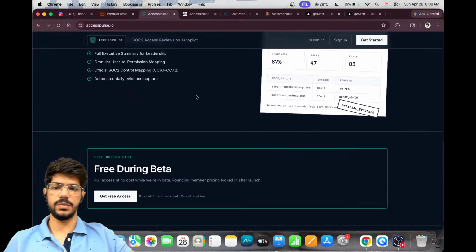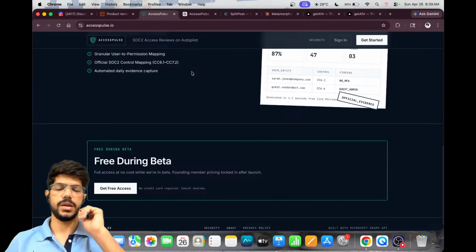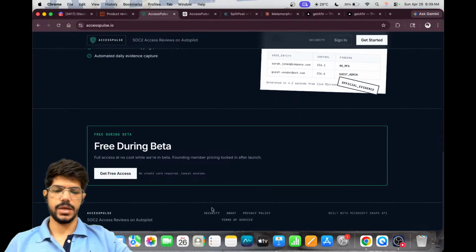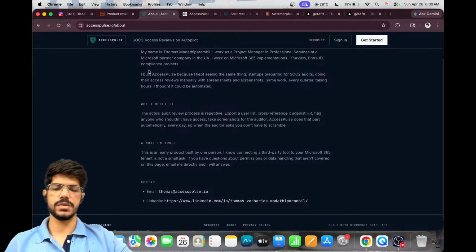But one thing which ChatGPT also pointed out to me is, is a software like this hard to replicate? Let's say, I read your about section here as well, where it says that this was built by one single person, right?